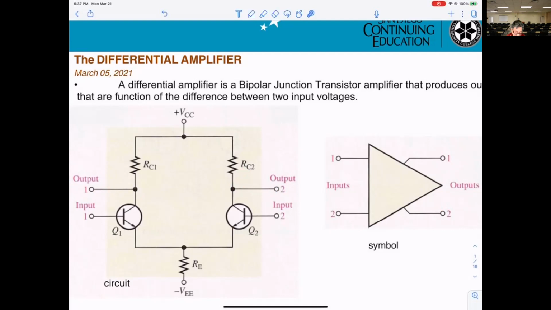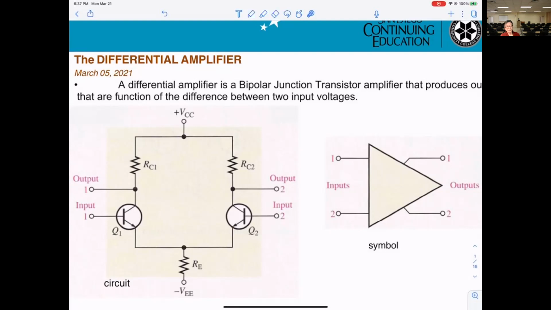In order to understand this circuitry, you already know the bipolar transistor. Last time we talked about the common emitter.